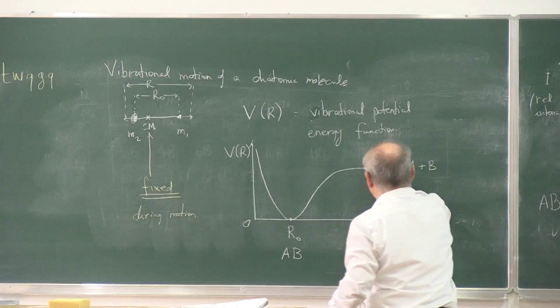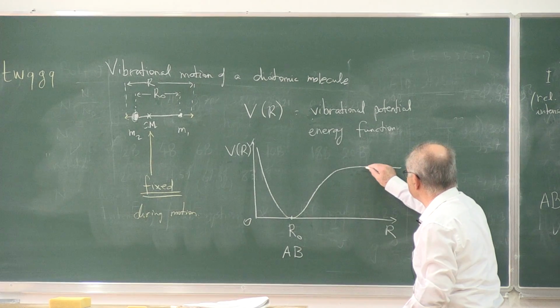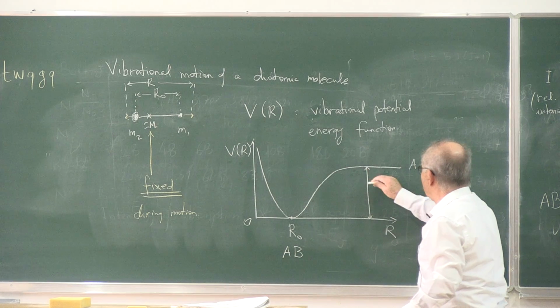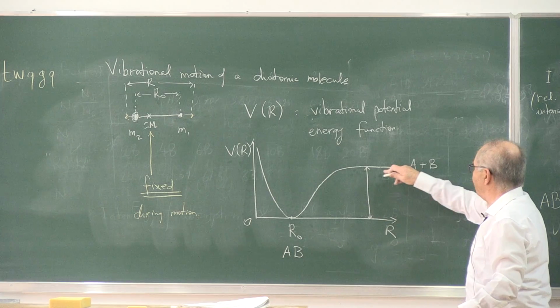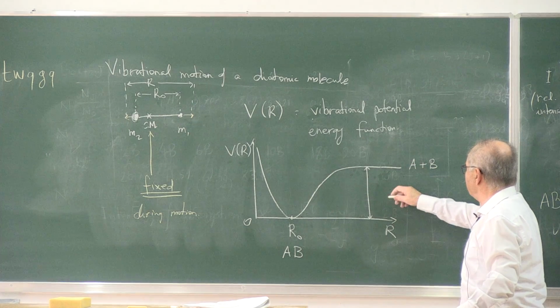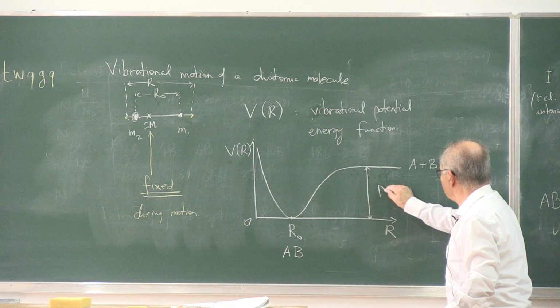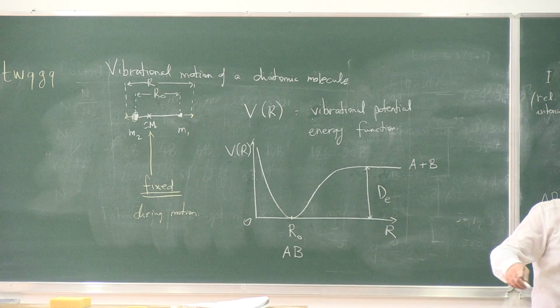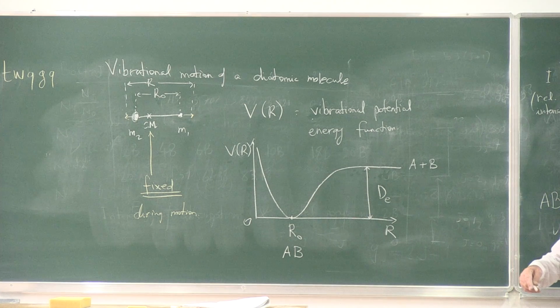This energy difference between the minimum and this constant dissociated situation, this is called dE. D for dissociation, E for electronic.